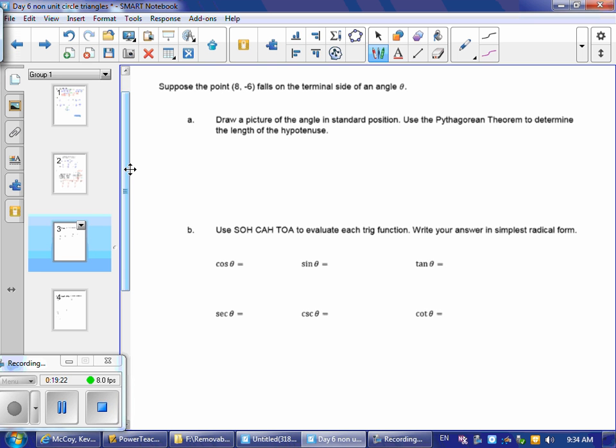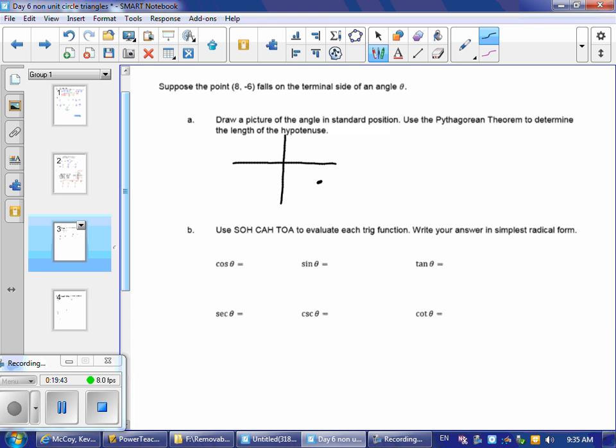Suppose that we have the point (8, -6), and that falls on the terminal side of an angle. So the idea is pretty basic, and it doesn't have to be a perfect sketch. But find the point (8, -6). Well, that's in the fourth quadrant. X is positive, Y is negative. So we're going to go out 8 units, down 6 units, somewhere maybe approximately right there. It does not have to be perfect.